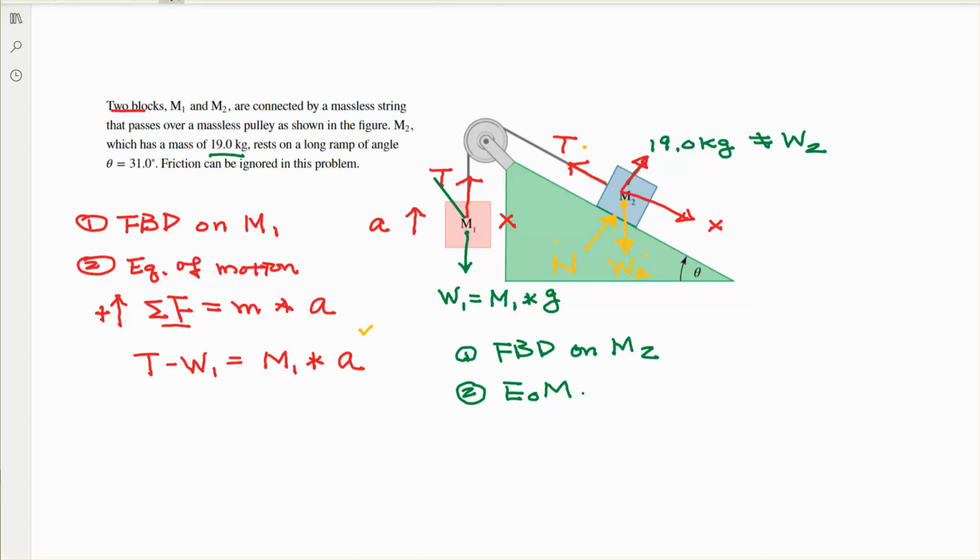The direction perpendicular to the slope will be the y. And then I'm going to analyze the forces in the two different directions. I'm going to look at the net force in the x direction, and I'm also going to look at the net force in the y direction.